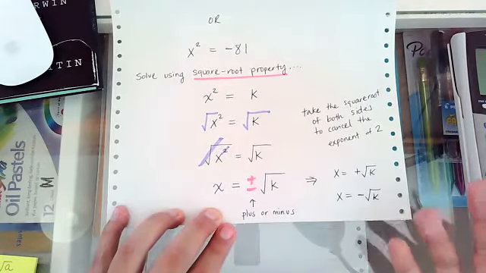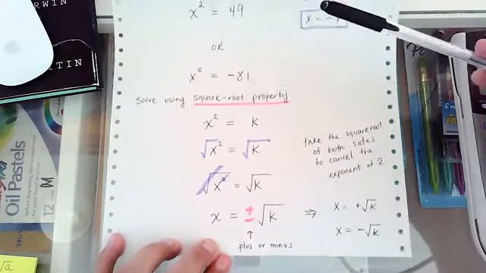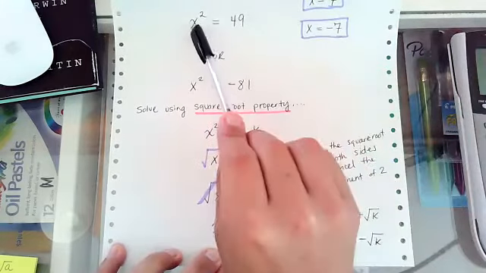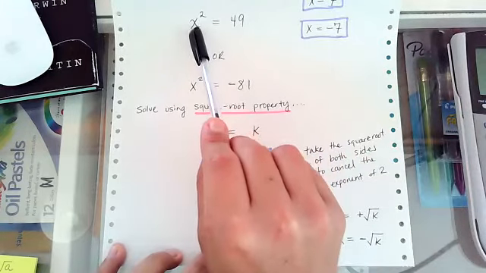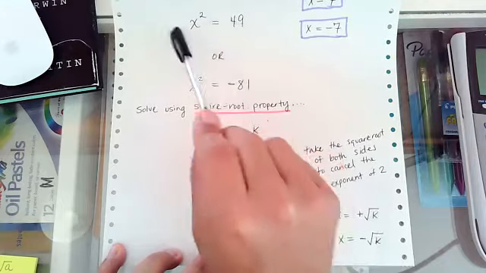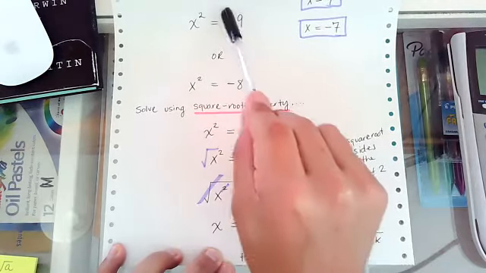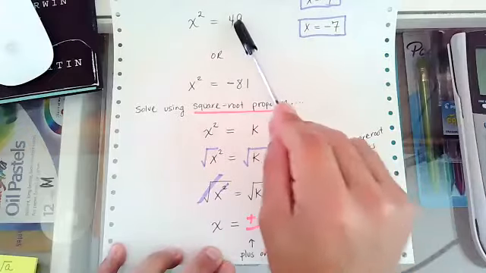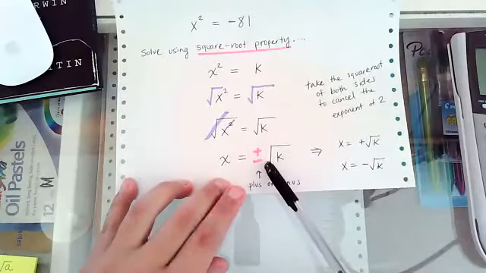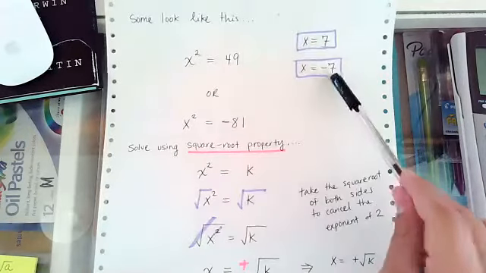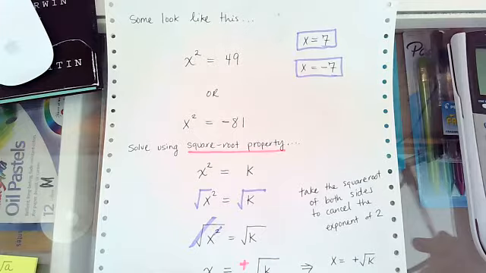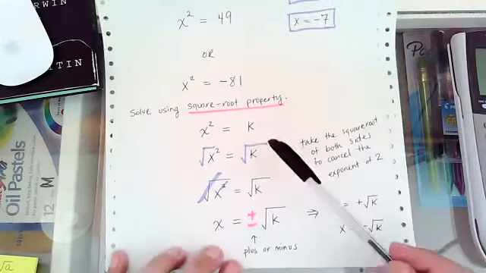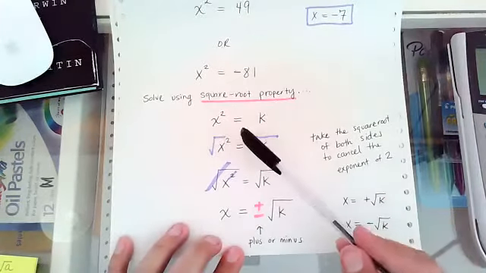So in practice, this equation that we saw right here, x squared equals 49, if I take the square root of both sides, the square root of 49 is going to be that plus or minus, so the positive or the negative 7. Okay, so that's one thing that you're going to have to watch out for with quadratic equations.